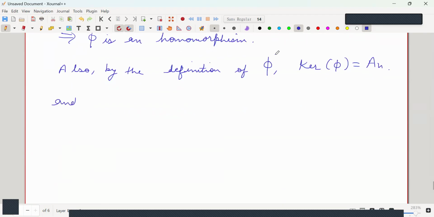And what is the image of phi? Z mod 2Z. Oh, I think I see the proof now.